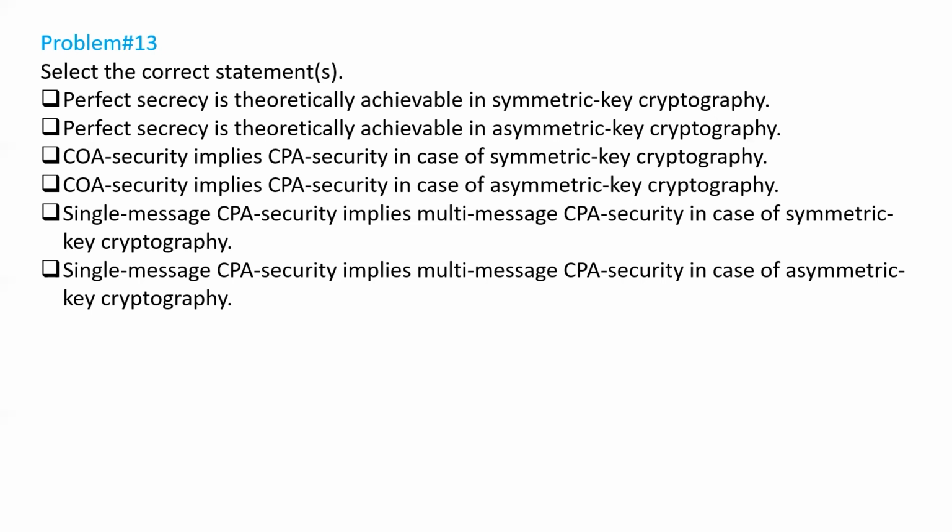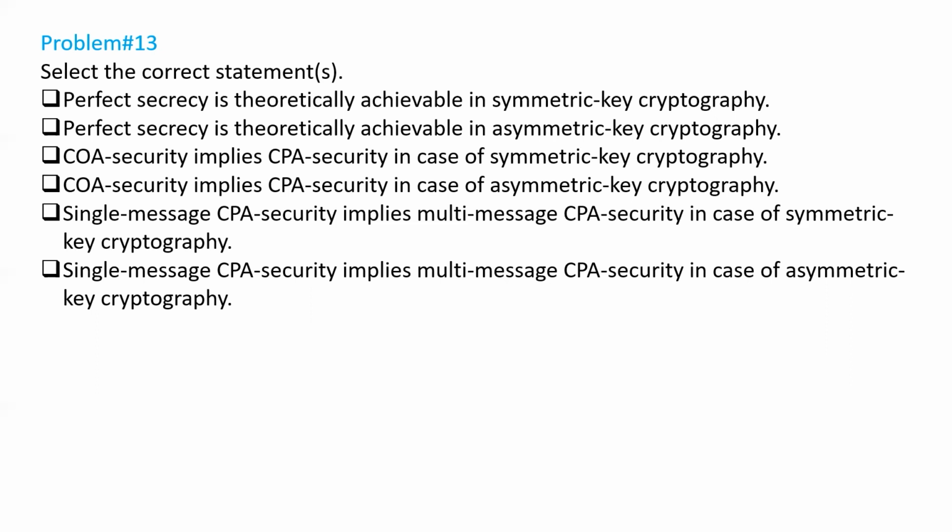COA security implies CPA security in case of symmetric key cryptography. COA security is ciphertext only attack, and CPA, as you know, is chosen plaintext attack. In case of symmetric key cryptography, both these concepts are different. In COA, an eavesdropper just sees the ciphertext, and let's say that ciphertext is either of message M0 or message M1.